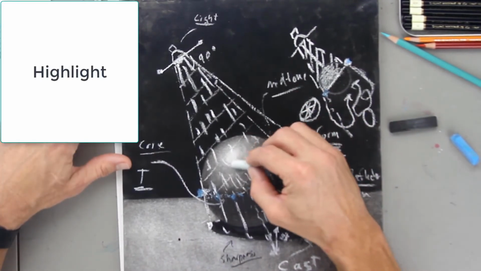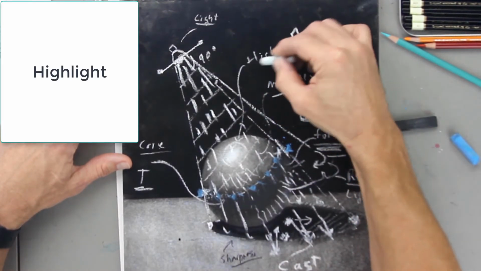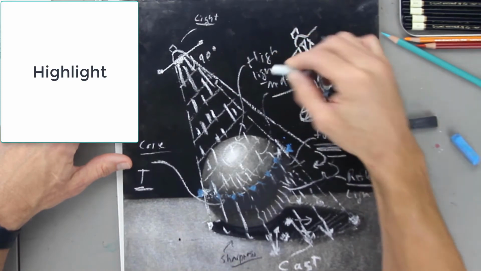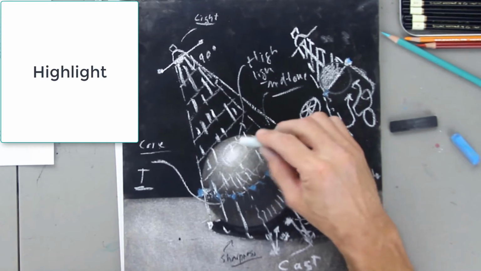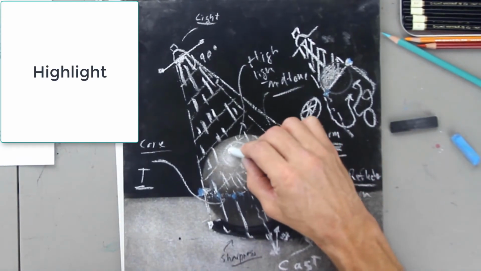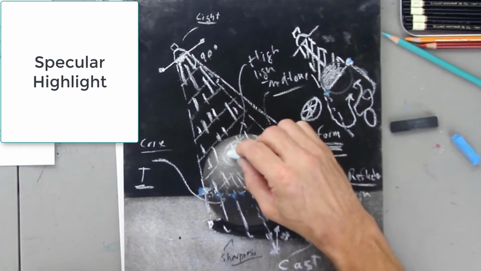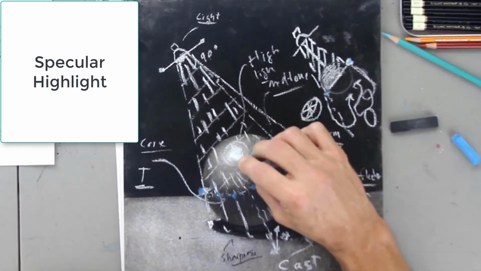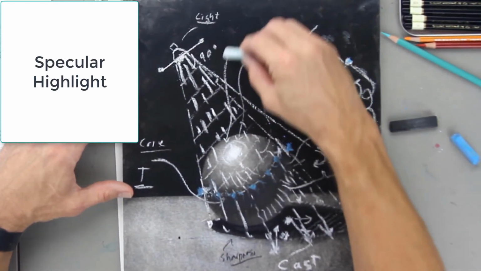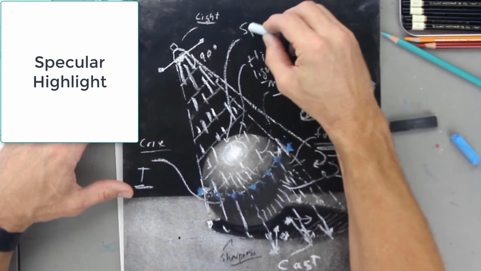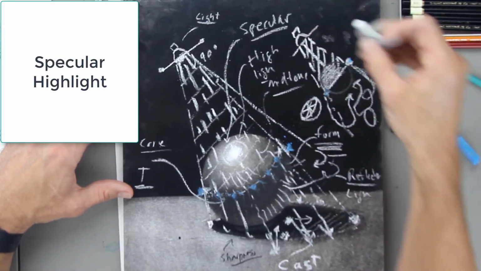And then we get into the idea of what's called a highlight. This highlight can be diffused if the sphere has a matte surface, and it can also be a much sharper highlight if the sphere is more glossy, and typically right in the middle of that will be your strongest point of light, and that is referred to as your specular highlight.